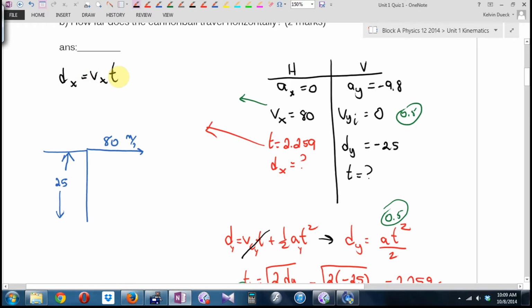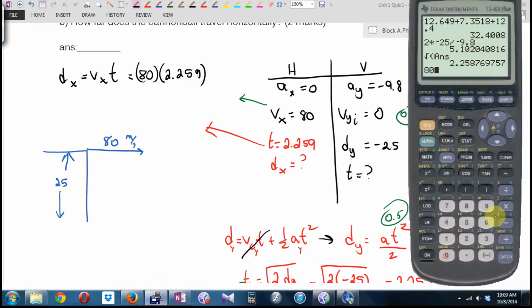Oh, do I need to write plus a half a t squared if it's horizontal? Heck no. So this is going to be straight plug and chug. It's going to be 80 times 2.259. 80 times answer button. Do you get 181?